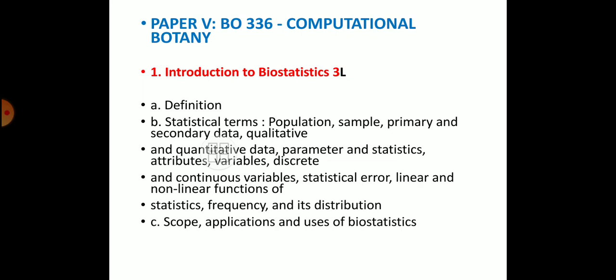In such cases, all observations are to be treated with such a type of formulas. Which are those formulas? Which formula we have to use for which type of observations? All that knowledge we have to get through this computational botany subject.